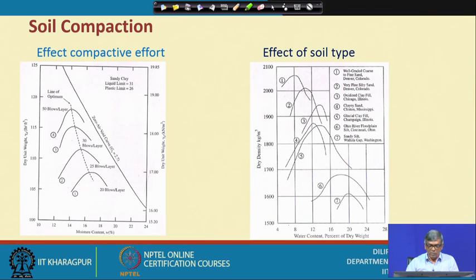So the optimum moisture content and dry density are characteristics of the soil. A particular soil will have a particular optimum moisture content and a particular dry density.